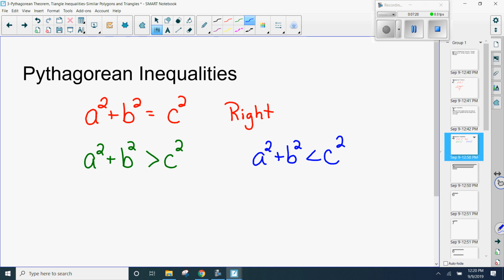Obtuse or acute? Acute. You have an acute triangle when c squared is what compared to a squared plus b squared? Smaller. So if the hypotenuse is smaller, then you have to fold the leg in, and it becomes an acute triangle.